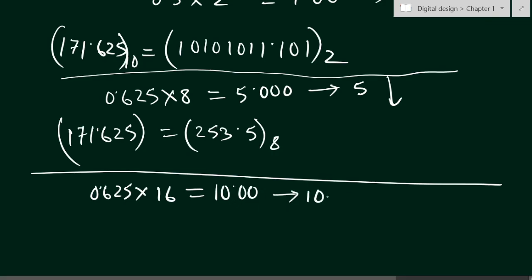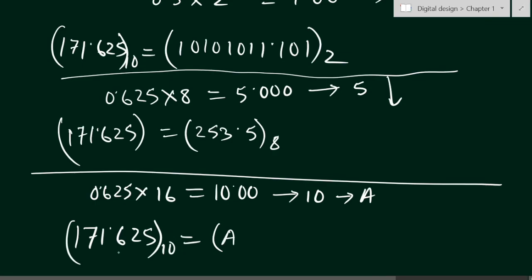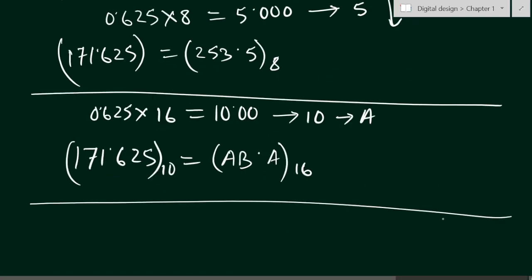This 10 is represented in the hexadecimal number system as A. So if we convert 171.625 in decimal into the hexadecimal number system, the integer part is AB, point, and the fractional part is A. So we have considered the integer number as well as the fractional number for converting from decimal into hexadecimal.